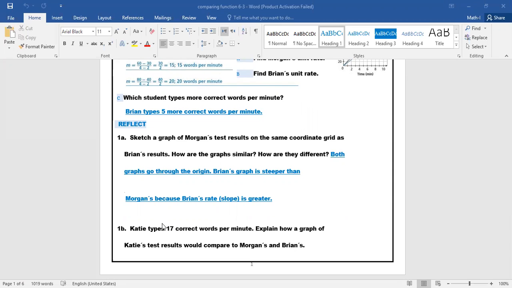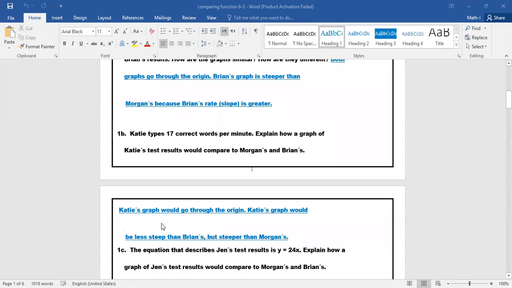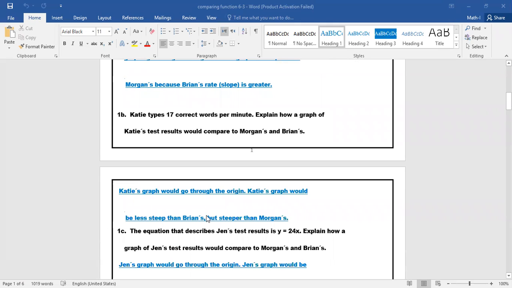Kitty is less than Brian, and more than Morgan. Then Kitty's graph will go through the origin, like all the graphs. Kitty's graph would be less steep than Brian's, but steeper than Morgan's. So this was the first question, how we compare between two functions.